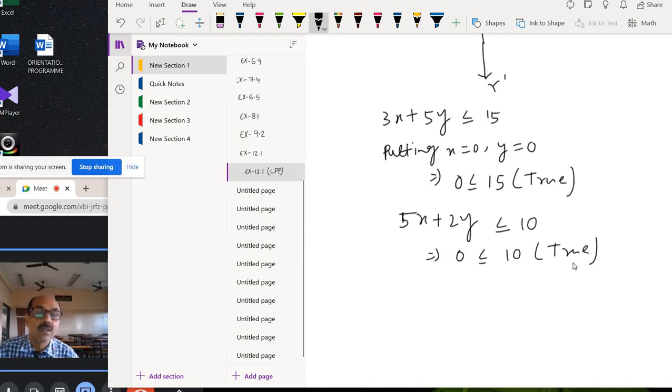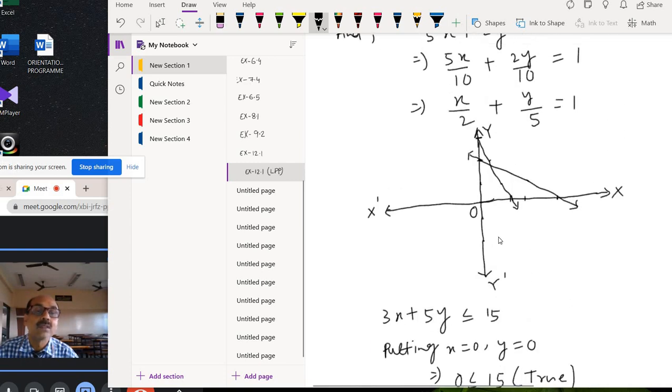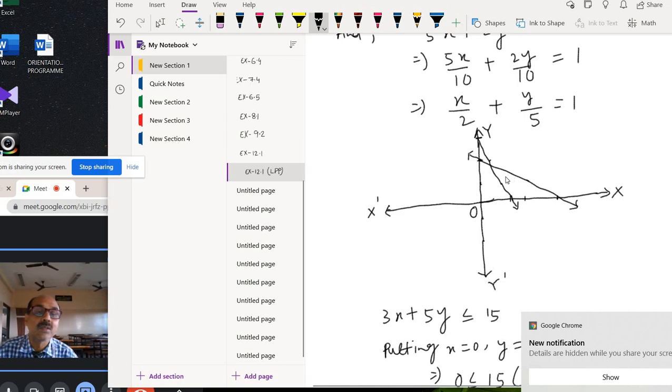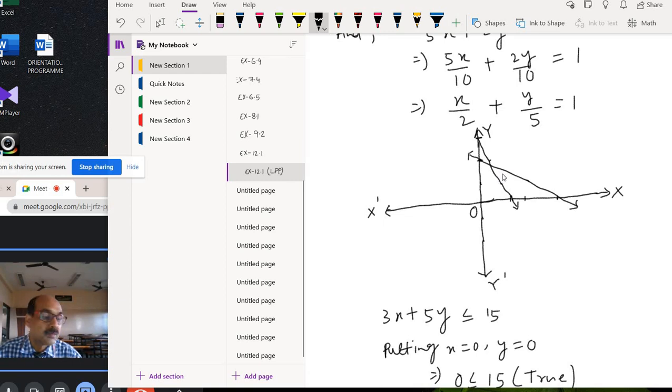So the direction of the lines is towards the origin, this side, and this one is also on the origin side. That means this is the common region.